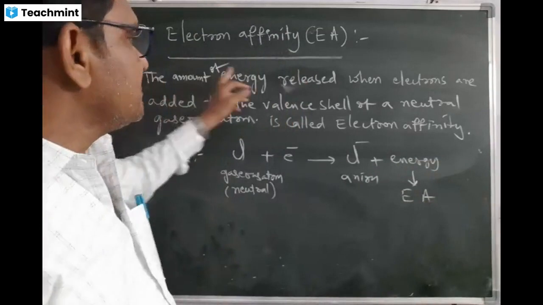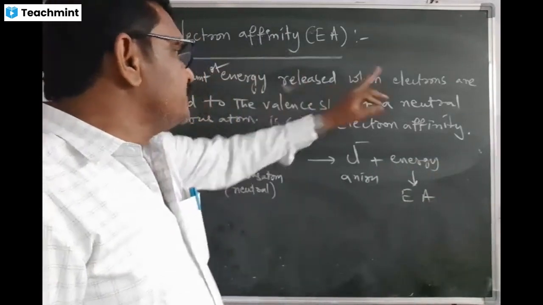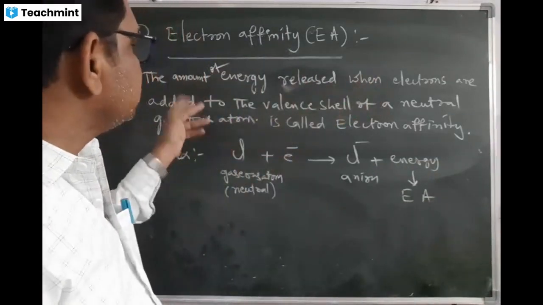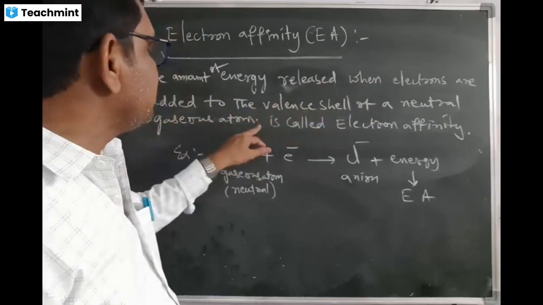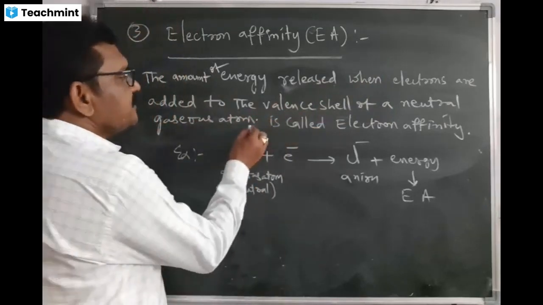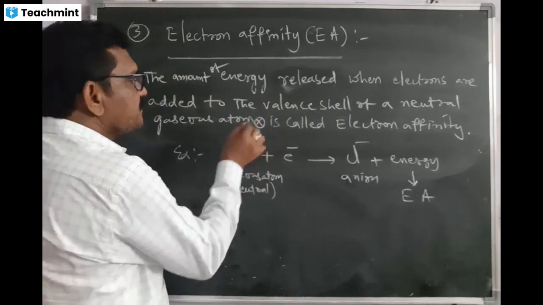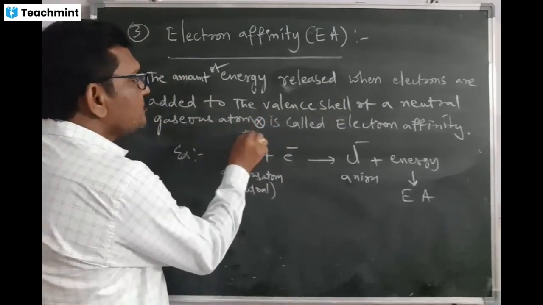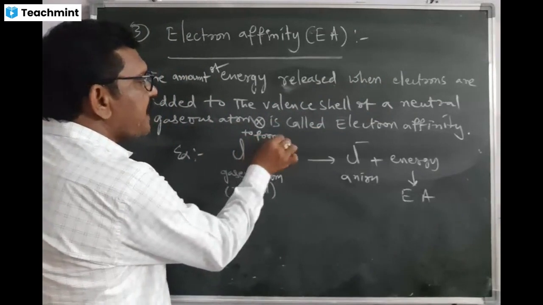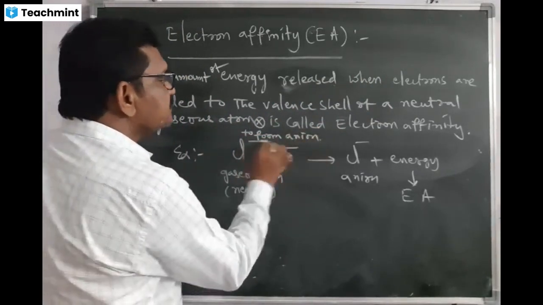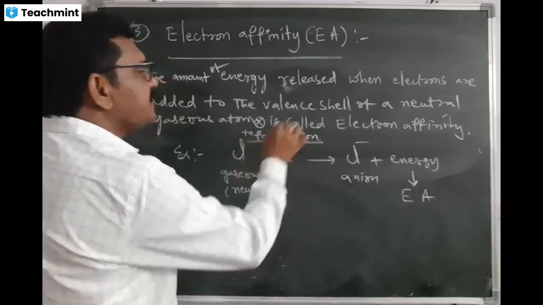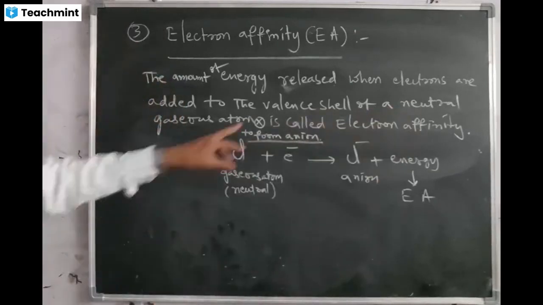So here, the amount of energy which is released when electrons are added to the valence cell of a neutral gaseous atom to form an anion is called electron affinity.